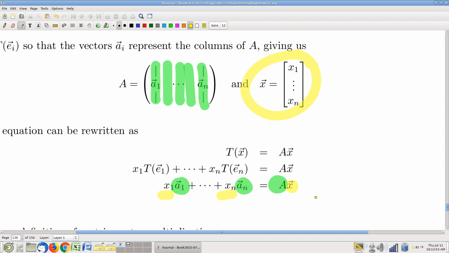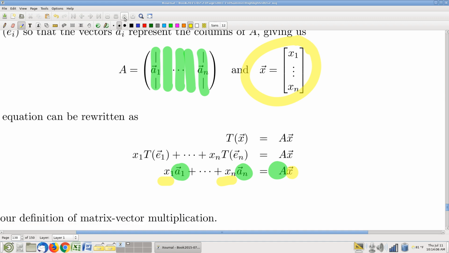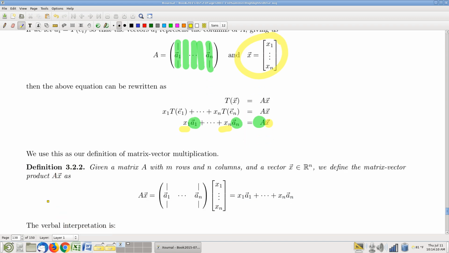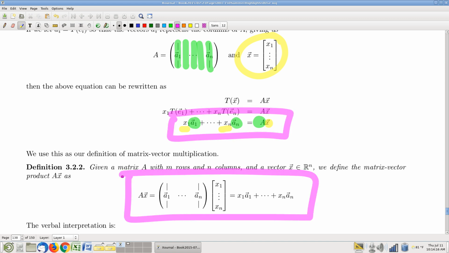Matrix times vector is a linear combination of the columns of the matrix, with the coordinates of the vector as coefficients in that linear combination. And that's the definition that I have written down here. This formula right here is that definition.